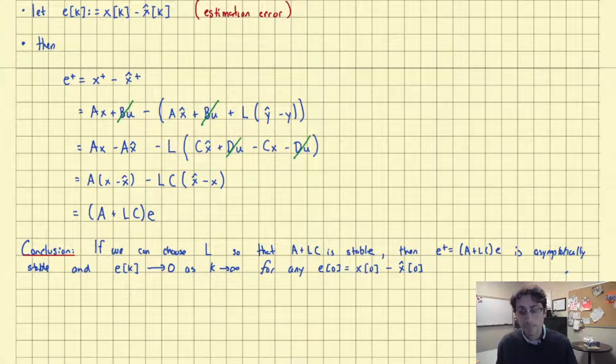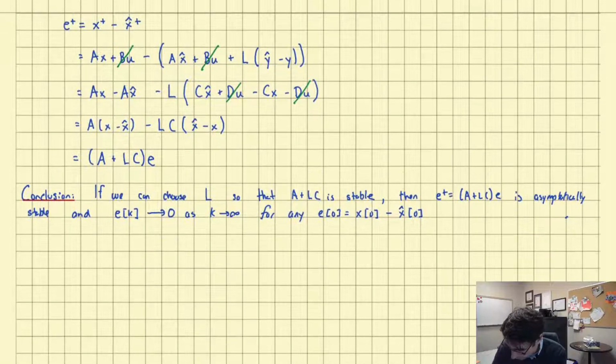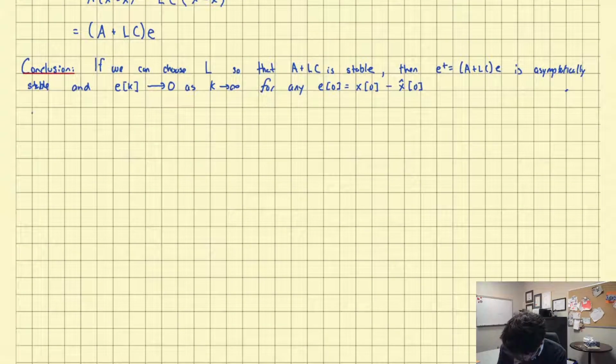Okay? So again, our proposed observer is given by, right? So if we plug in the expressions for y and y hat from above, it's the following.